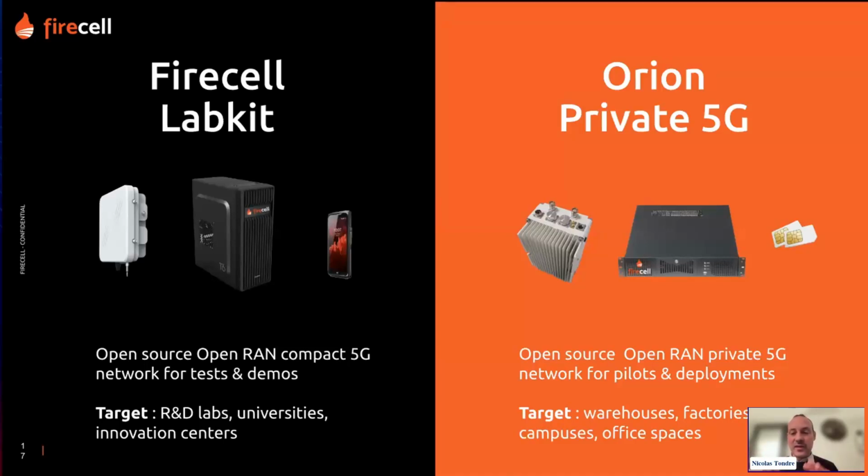By default, you'll have the CU and the DU inside the PC, so it constitutes a G-Node B, and an Open RAN radio unit that can be indoor or outdoor. All the SIM cards are also provided, so that you can start building your network using your own devices, or one of the devices that we previously saw: cameras, boards, routers, depending on what you want to do with it in your industry.